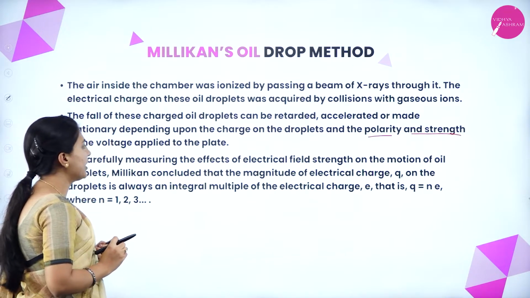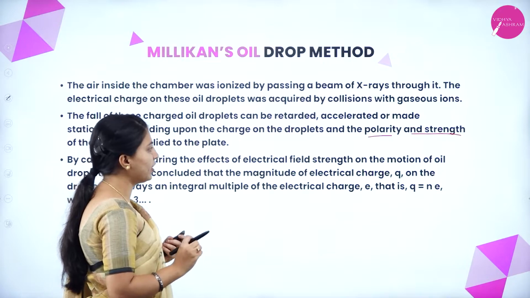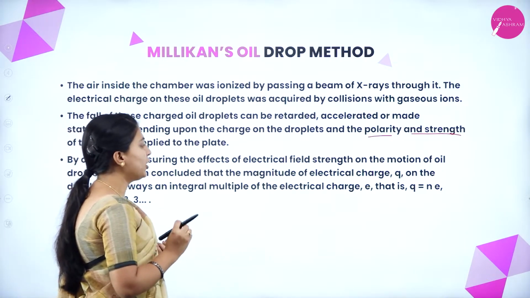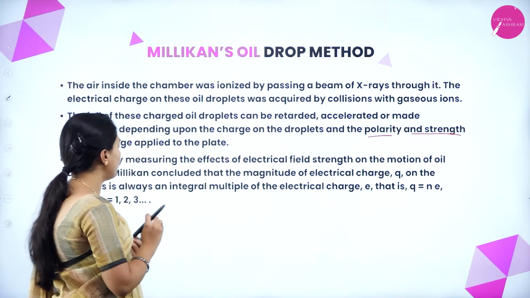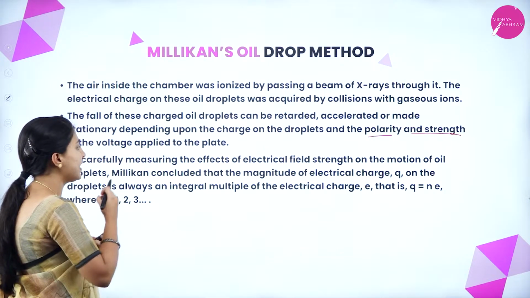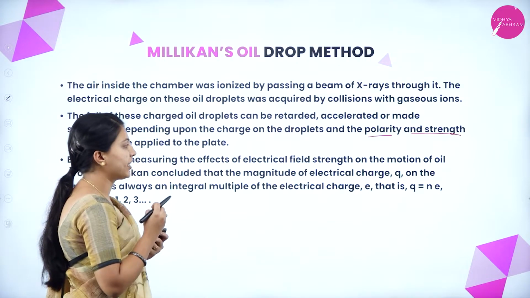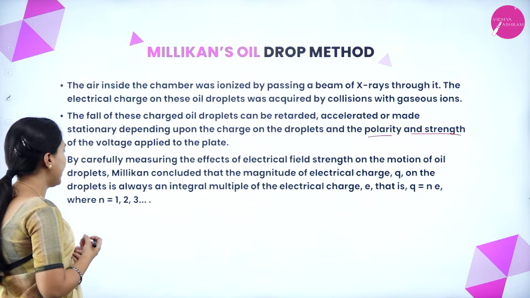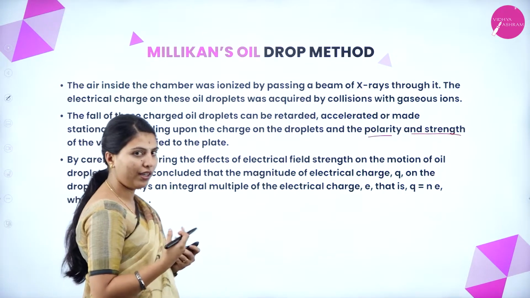By carefully measuring the effects of electrical field strength on the motion of oil droplets, Millikan concluded that the magnitude of the electrical charge, that is q, on the droplets is always an integral multiple of the electrical charge, that is q equals ne, where n is 1, 2, 3 and so on.